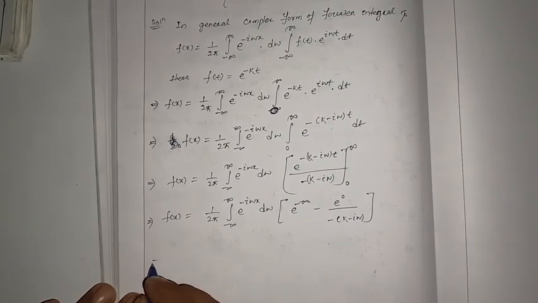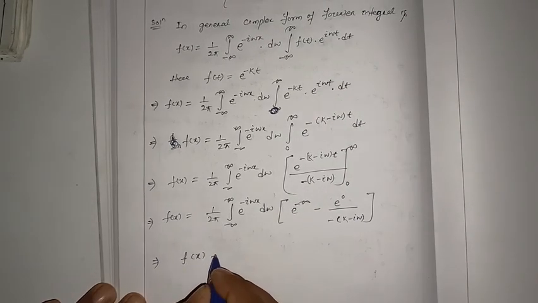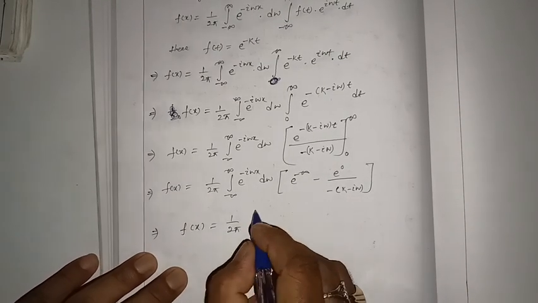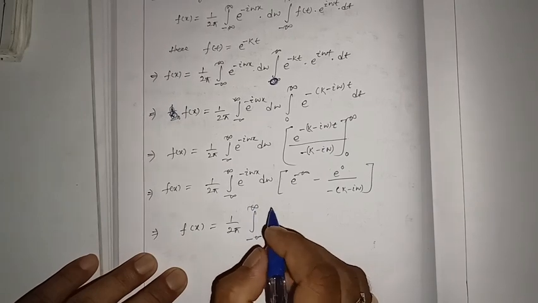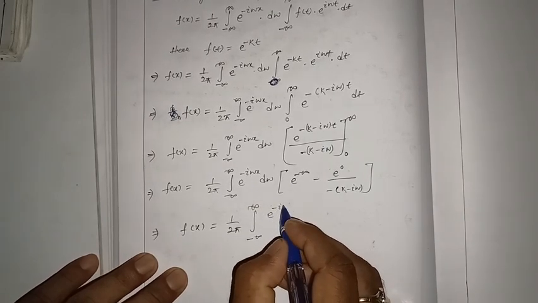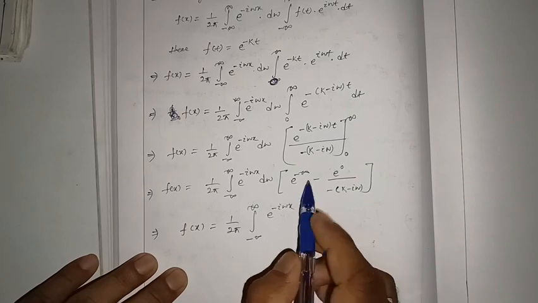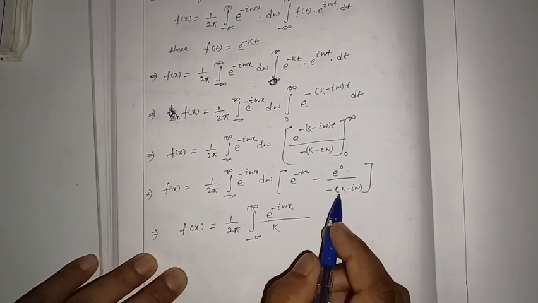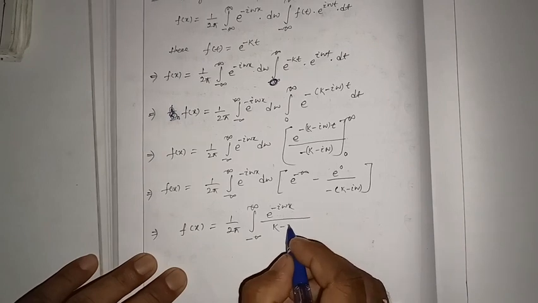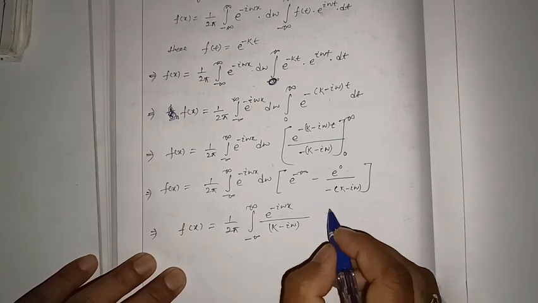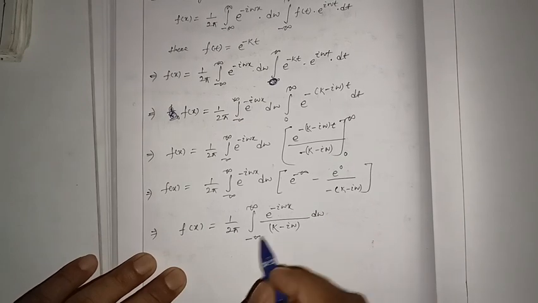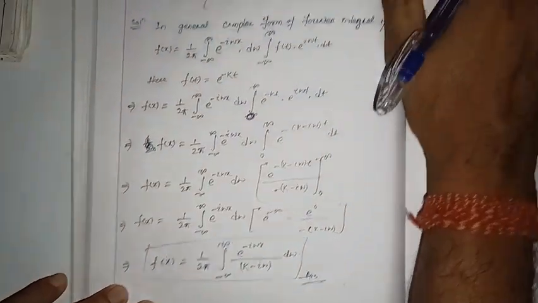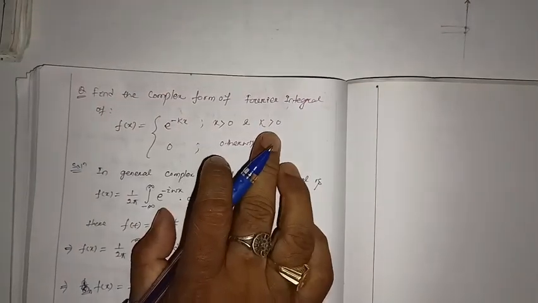So finally we found f of x equal to 1 by 2 pi, integral from minus infinity to plus infinity of e to the power minus i omega x. This will be minus minus plus, so plus k, so k minus i omega will be remaining and d omega is there. So this is our final answer, that is, finding the complex form of Fourier integral of this one.